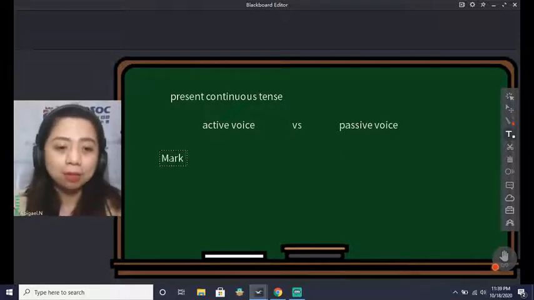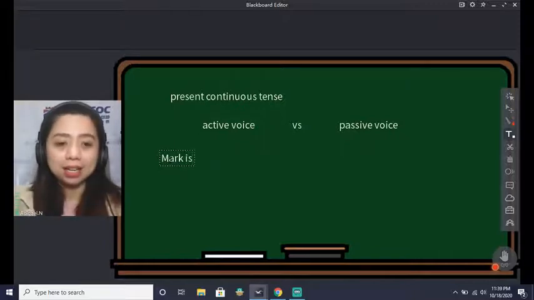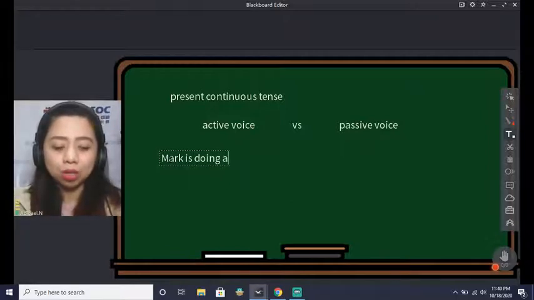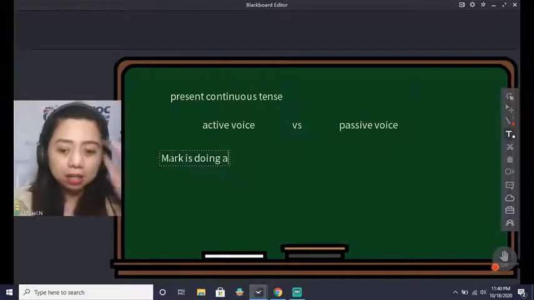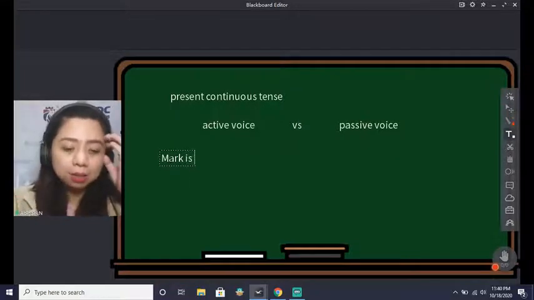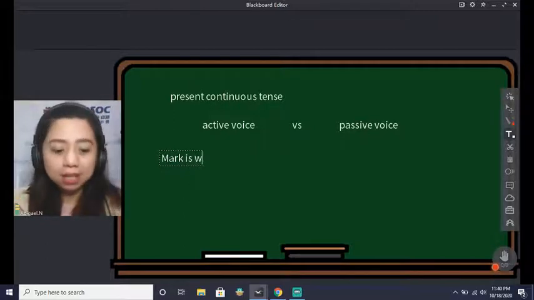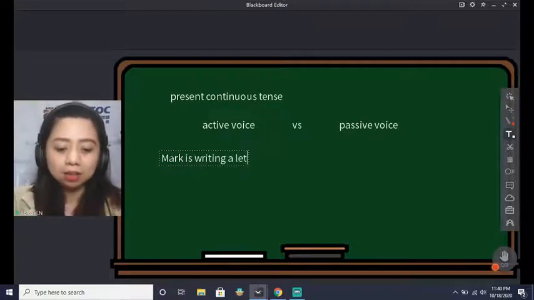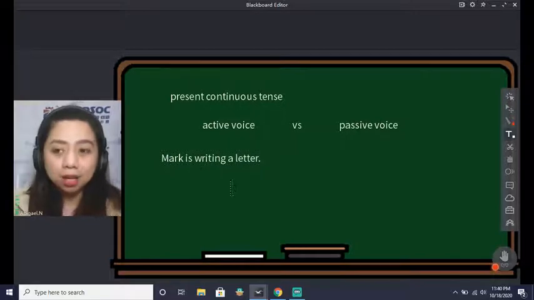Okay, it's the name of a man or a boy. Mark is doing, what is he doing? Mark is, okay, let me be more specific. Mark is writing a letter. Okay. Mark is writing a letter.